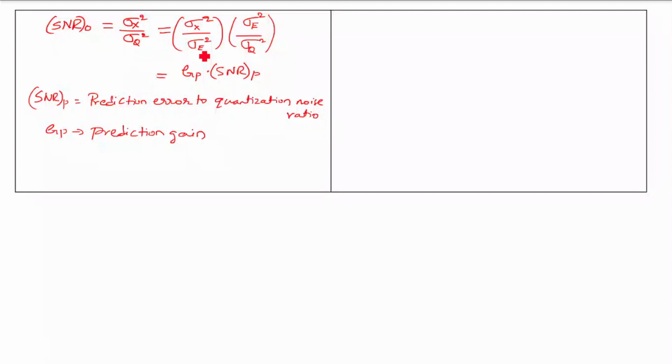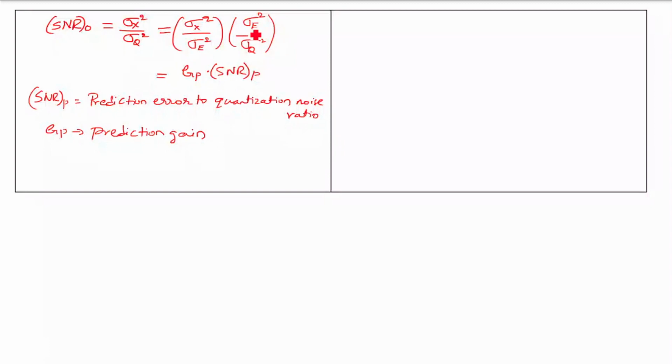Sigma x square is much greater than sigma e square, resulting in a very high GP. We can consider this as a gain, the prediction gain. The prediction gain will be very high when the prediction error is very small.